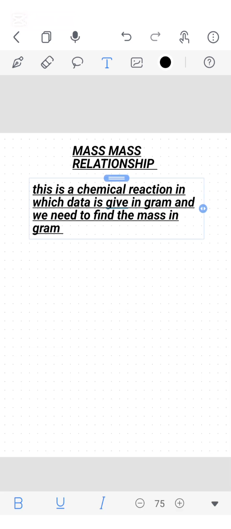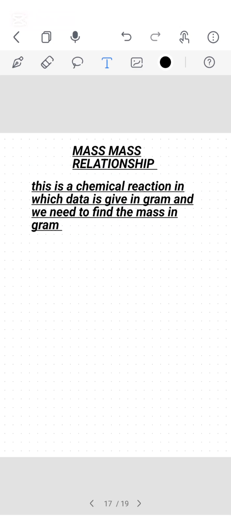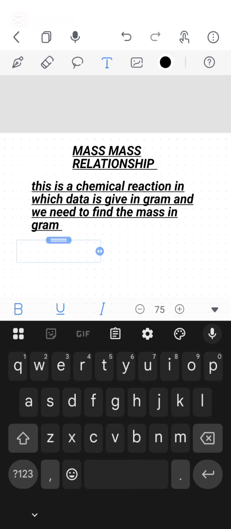We have a chemical reaction, or you may say a chemical equation, which will already be solved, and in that the data would be given in gram, and we need to find the mass in gram. So suppose there is a question, I'll first tell you the steps on how to find the mass relationship.